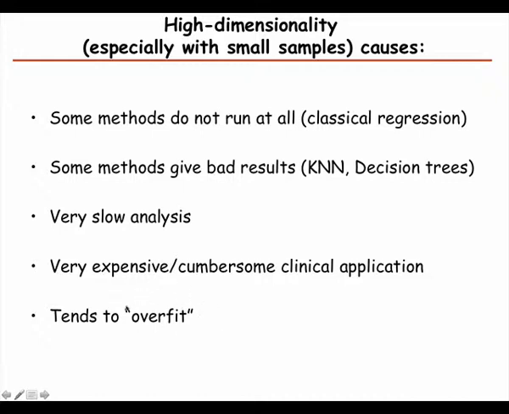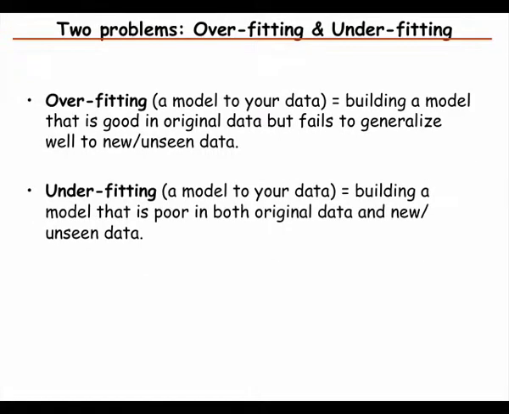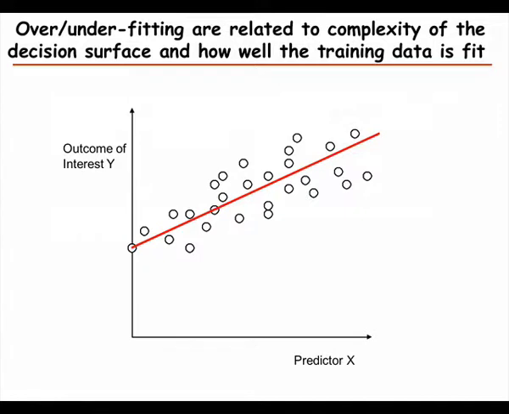Overfitting is pretty much that we fit our model very well to the data that we have, but then it doesn't generalize at all. So there actually could be two problems, either overfitting or underfitting, but in our case it's really the overfitting that's the big problem. So here, if we have an outcome and the predictor, this red line here is a pretty good fit to the data.